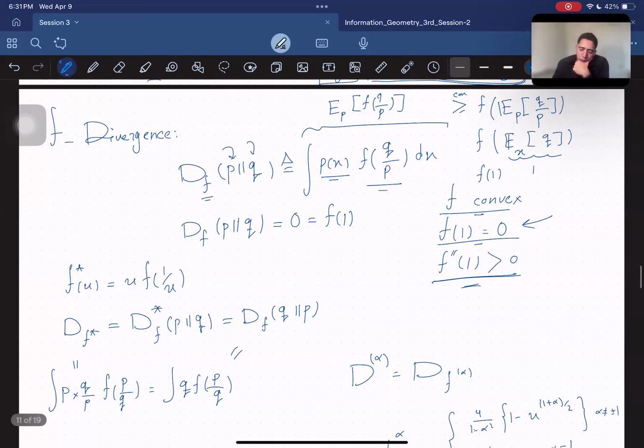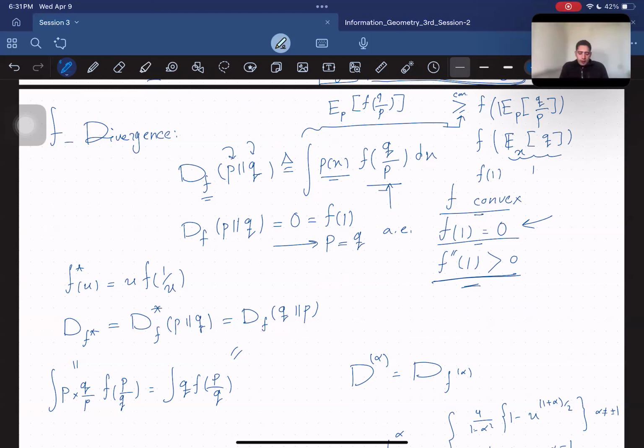Then we need the equality in the Jensen inequality, which then translates to all these weighted average individuals to be equal. And that means P equals Q for almost everywhere or on all x's. So the second, third, and all three conditions for a divergence are satisfied. So we have defined a class of divergences here.